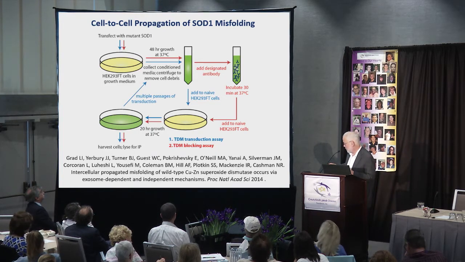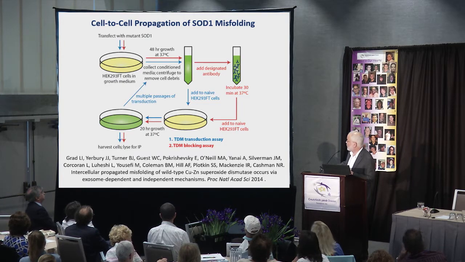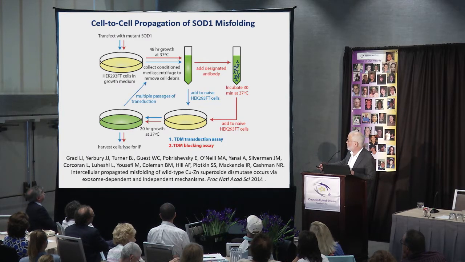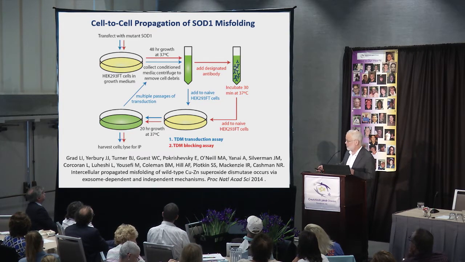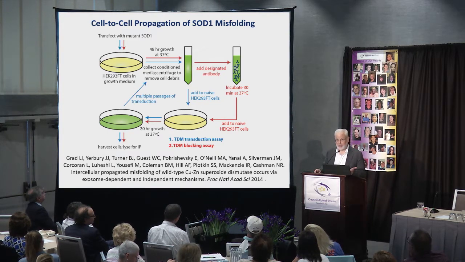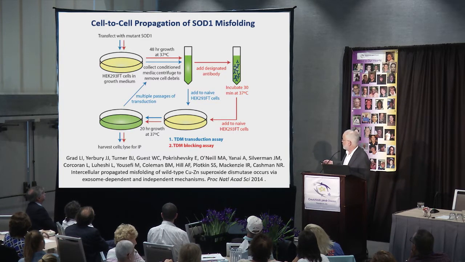I'll just show you a very brief experiment. We can insert mutated SOD1 in cells in culture, take the supernatant, layer it over fresh cells, and we can transmit the misfolding of SOD1. This can also be blocked with antibodies.